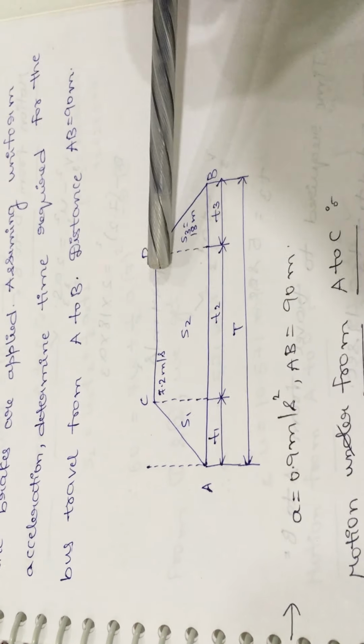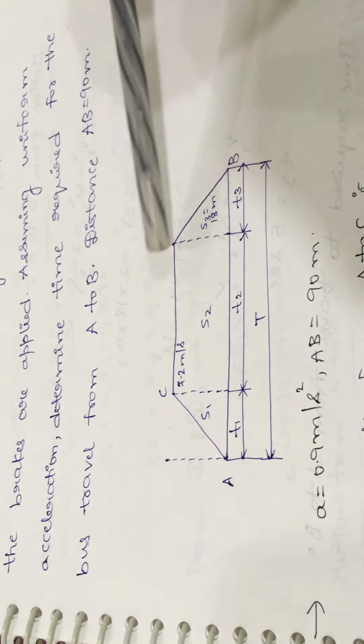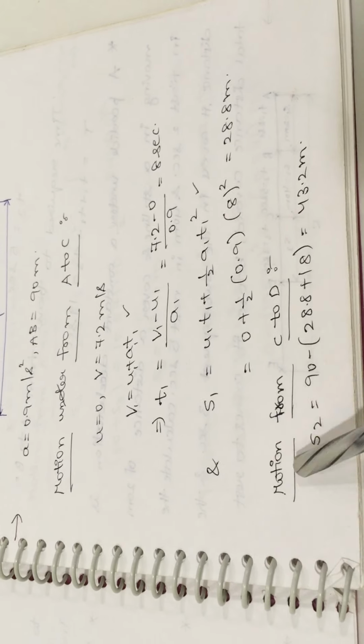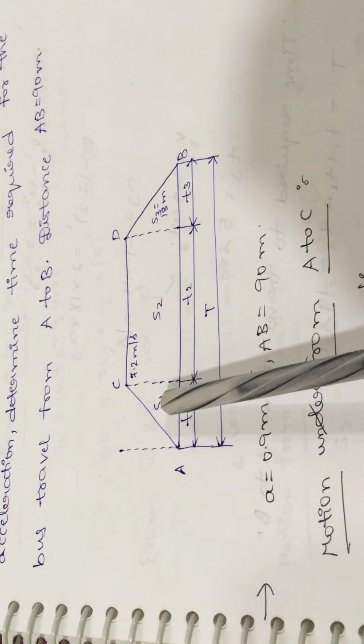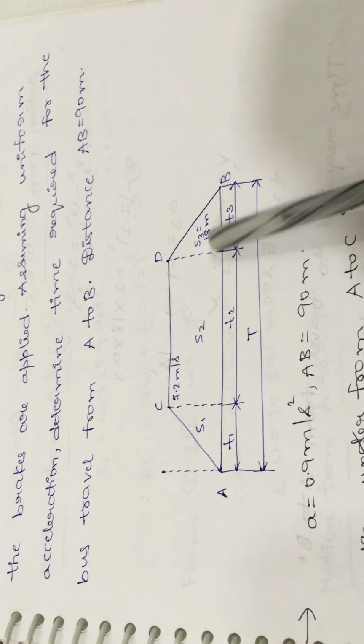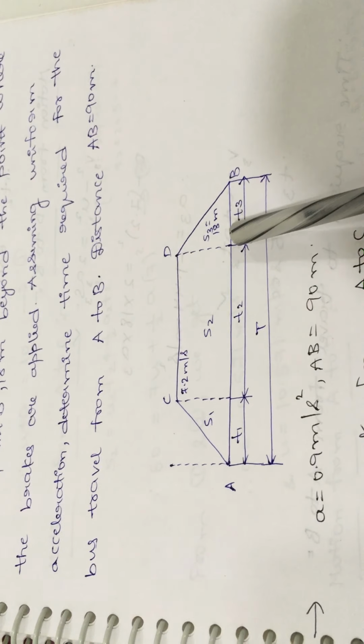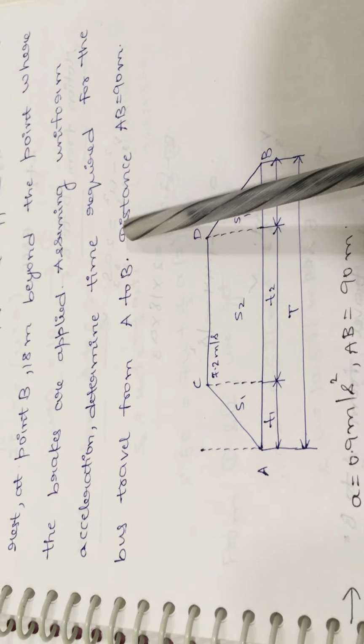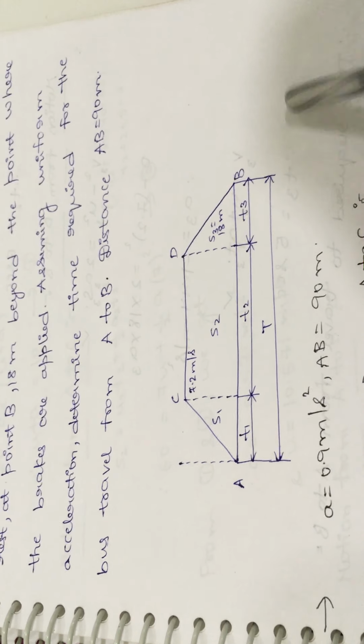Next, we will consider the second stage, that is nothing but the motion from C to D point. Now here observe the diagram. From the first stage we have calculated the S1 value, and we know the S3 value which is already given in the question, that is 18 meter, and the complete distance is given as 90 meter.